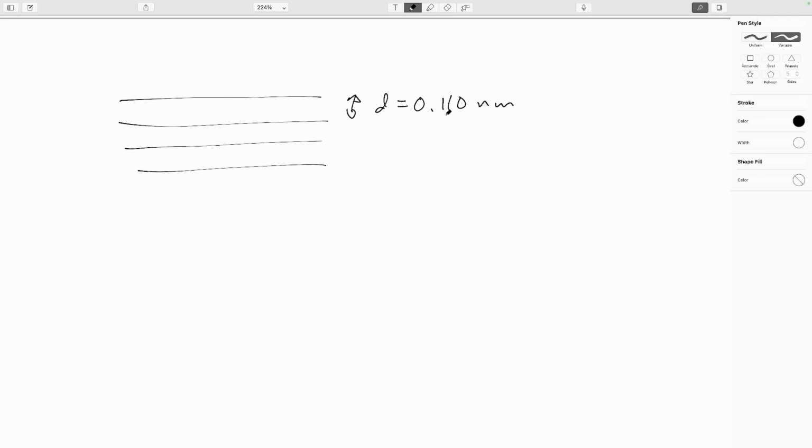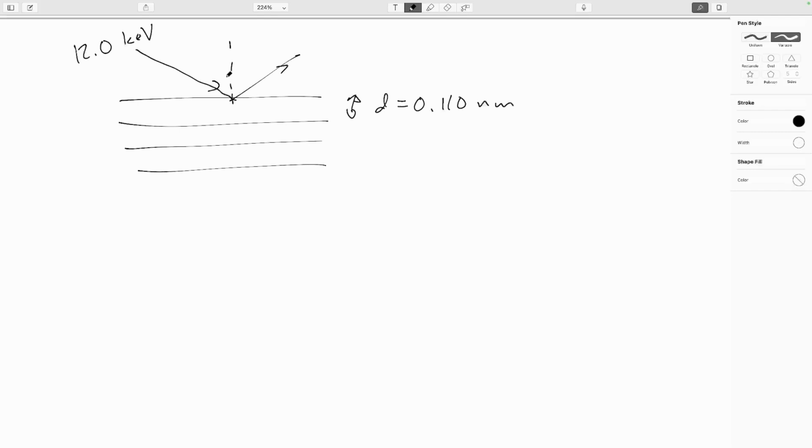Atoms are roughly 1/10 of a nanometer across, so this is a typical spacing. And let's say that we had photons that were X-rays that were 12 keV. Usually at this point you just specify the energy of the photon.